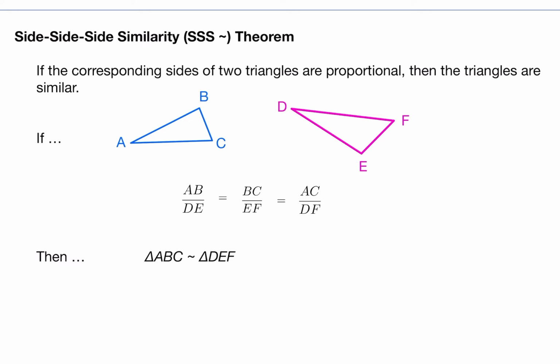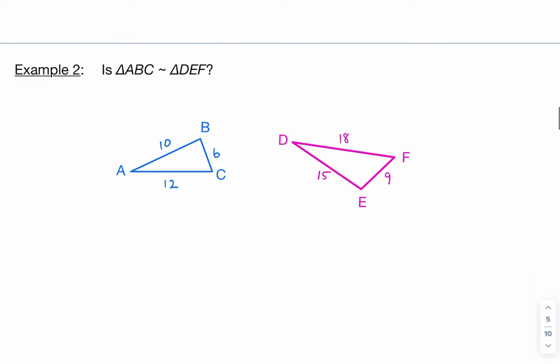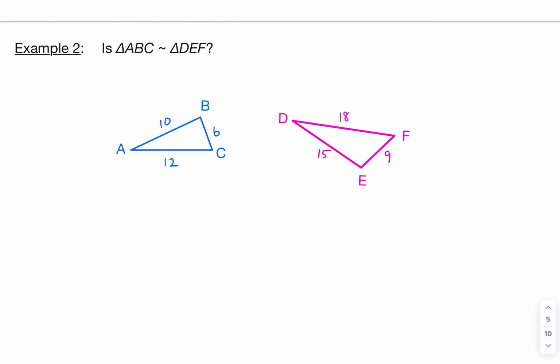If two of the three ratios are equal to each other, then the triangles are not similar. Okay, so the requirement is that all three ratios have to be equal to each other. So let's take a look at the following example that takes into account the side-side-side similarity theorem.